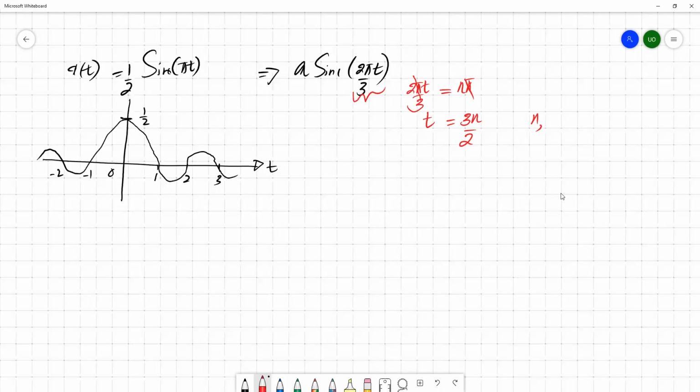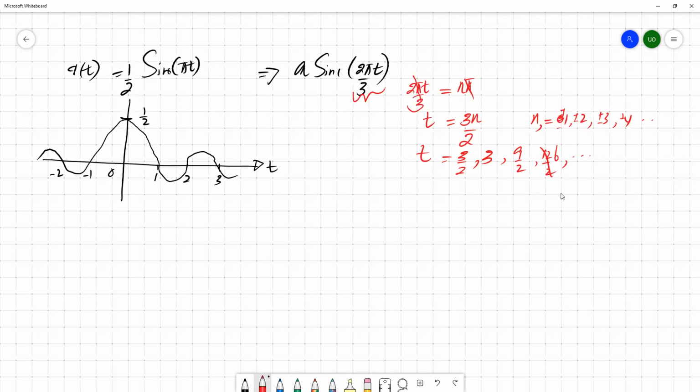We know that n is equal to 1, 2, 3, 4 and so on, plus or minus. So t for n equals 1 is 3 over 2, n equals 2 gives 6 over 2, n equals 3 gives 9 over 2, n equals 4 gives 12 over 2, which is 6, like that.